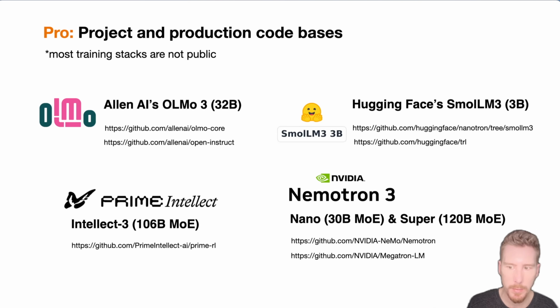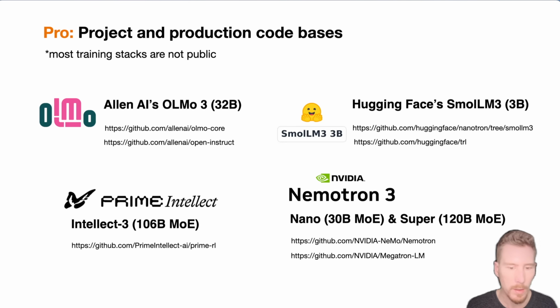There are some exceptions, though, that I'm listing here, where there are companies that are very transparent and successfully trained reasonably big models that are competitive. And I think it makes sense to really focus on those because there's an infinite number of code bases out there.